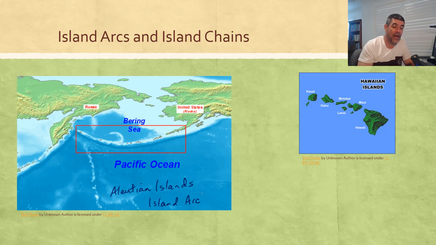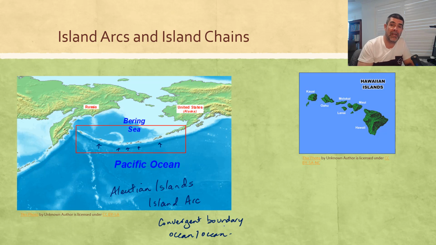You can see that's happening very, very close to the North Pole in that little island arc linking the United States with Asia, with Russia. And you can see that we have a number of islands that are sitting in this island arc. Now, this is a convergent boundary. In fact, this is ocean.